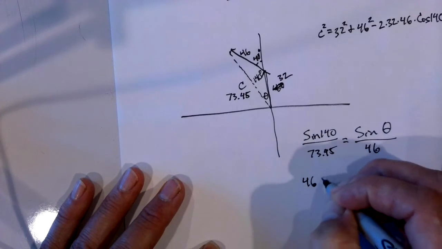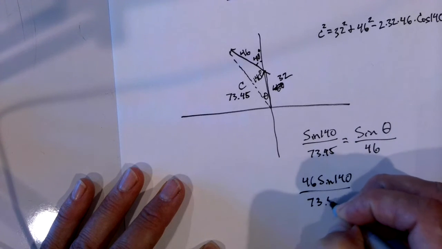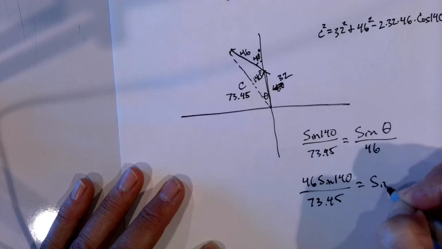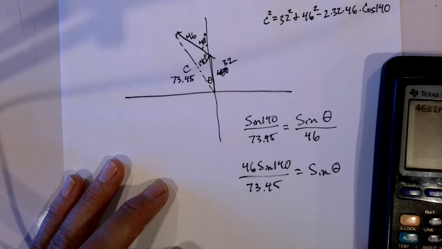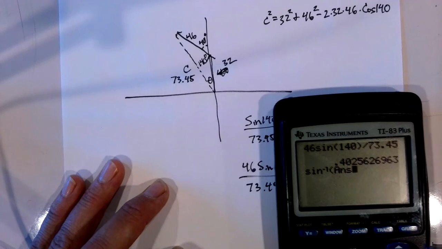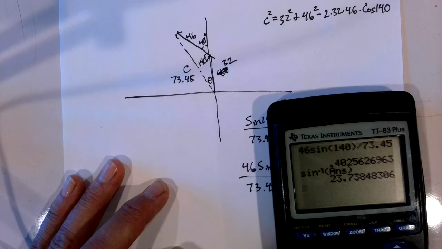So 46 sine of 140 divided by 73.45 is equal to sine of theta. Let's see what that is. I get that. And I inverse sine that answer, and I get 23.74.